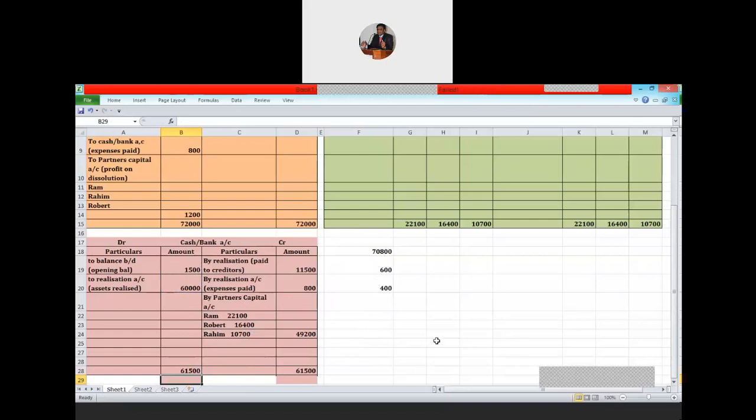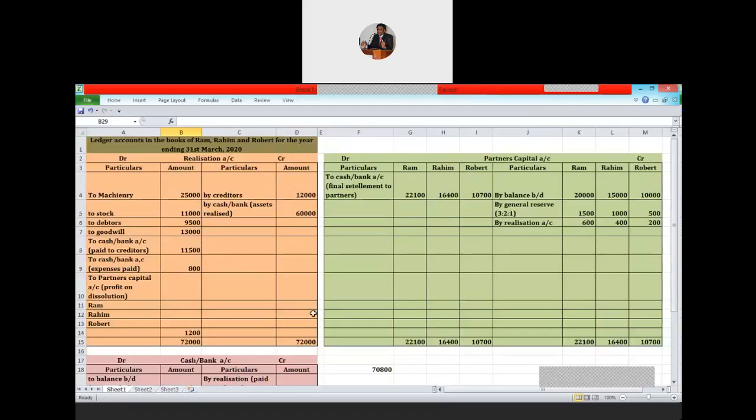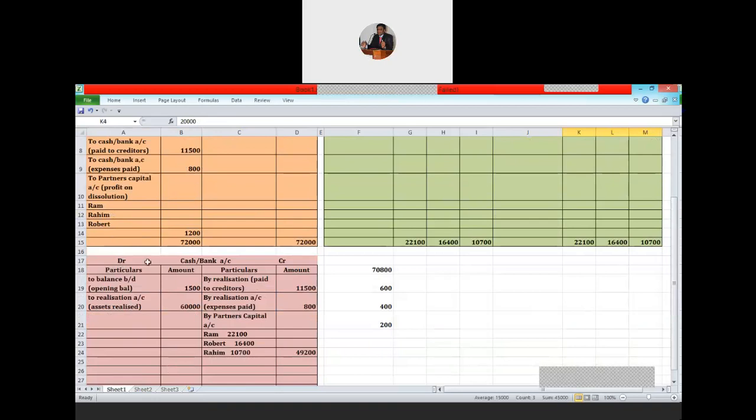Let us recap once. First step, we transferred all assets to the realization account, then all liabilities to the realization account. We have taken the internal liabilities in the partners capital account, and taken opening balances of partners and the opening balance of cash and bank.